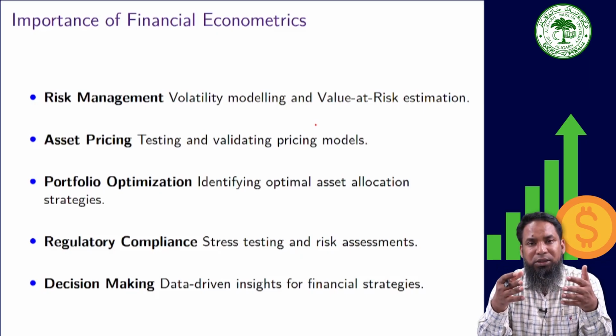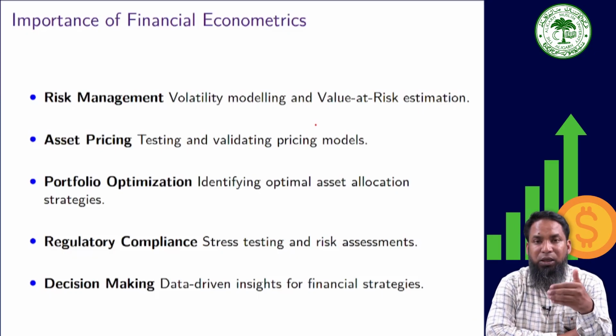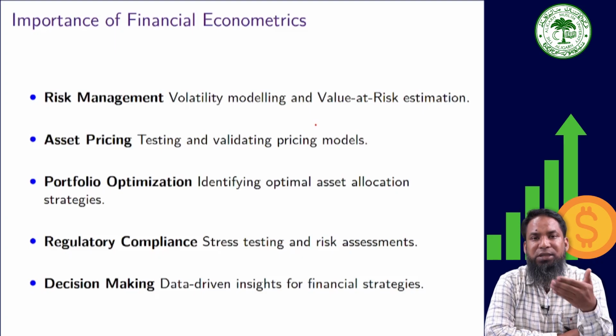Regulatory compliance. Financial econometrics also helps us with regulatory compliance, for example, stress testing. What is stress testing? In stress testing, basically we assume or simulate a situation with plausible adverse conditions, and then see how the financial assets or the financial companies perform.